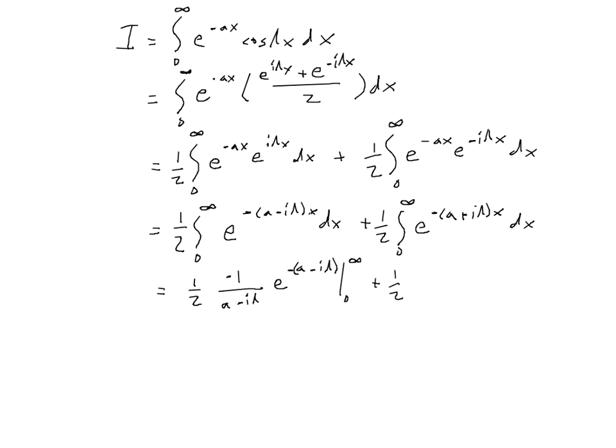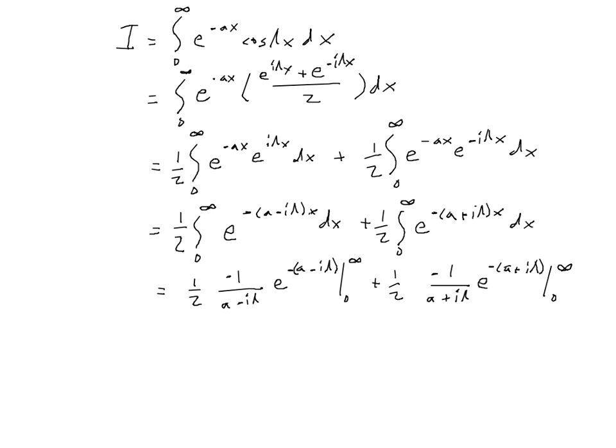And the other one is going to be pretty much the same thing, but it's going to be a plus I lambda. Now here's the thing. When you put in the infinity terms, both of them disappear because you still have the minus a in both terms, so they both shrink away to 0.